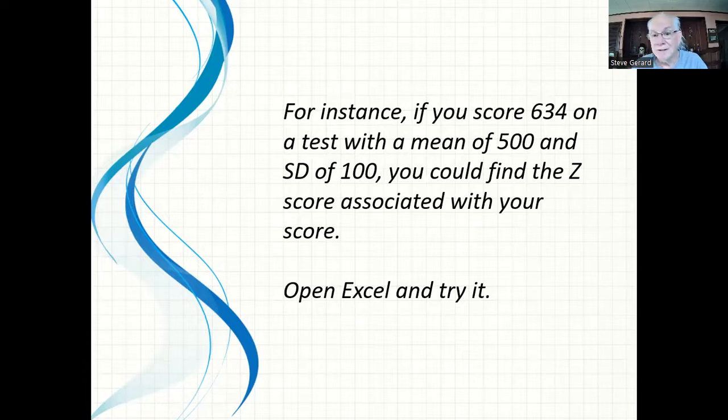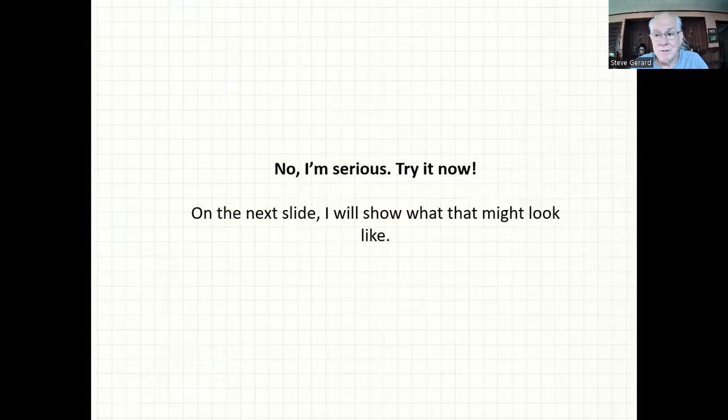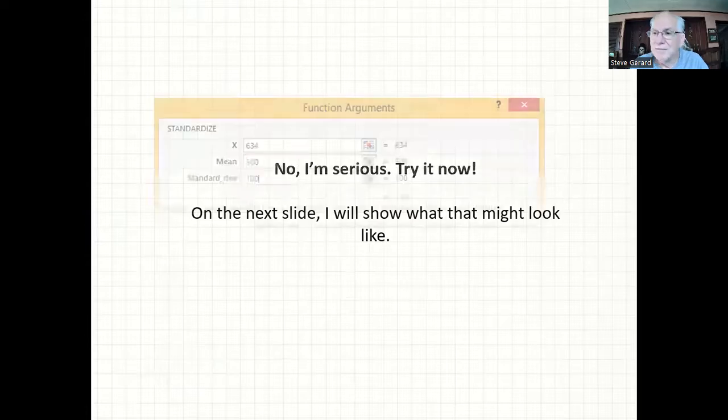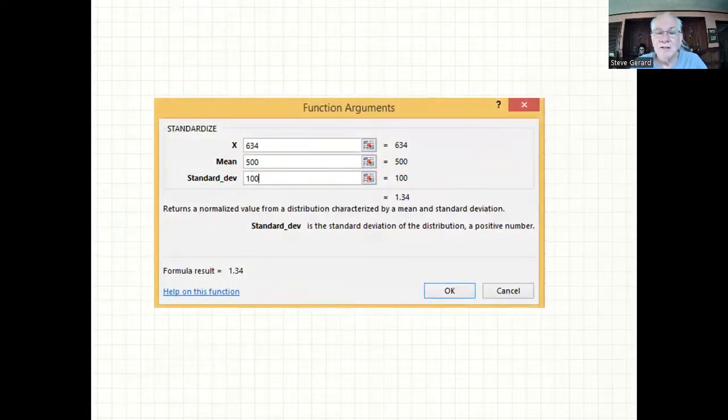You can try that right now. But if I had to walk you through, you get a dialog box like this. You put in 634, that's your score. The mean's 500, standard deviation is 100, and it right away tells you the z-score is 1.34. Very straightforward. That one's the easiest of all of them to use.